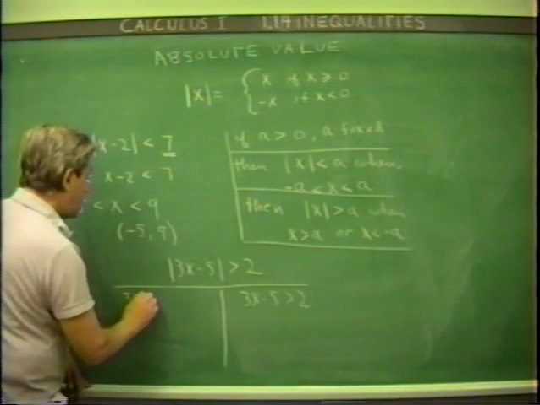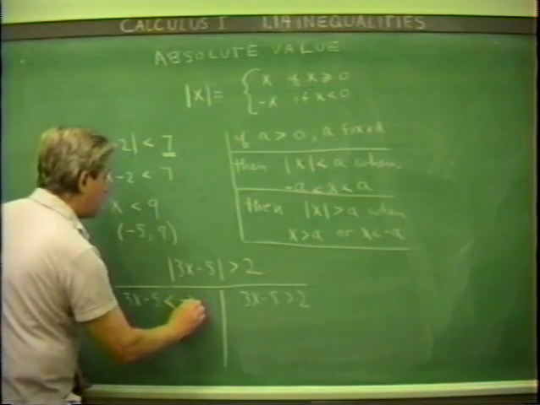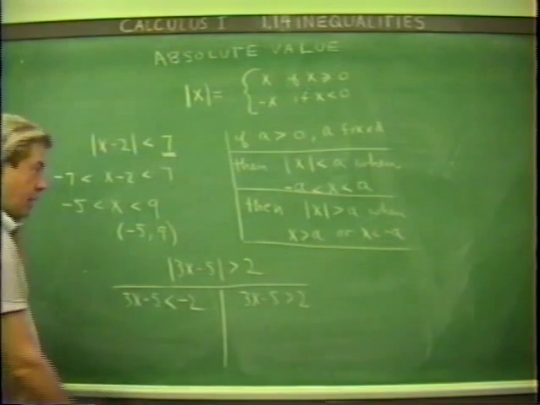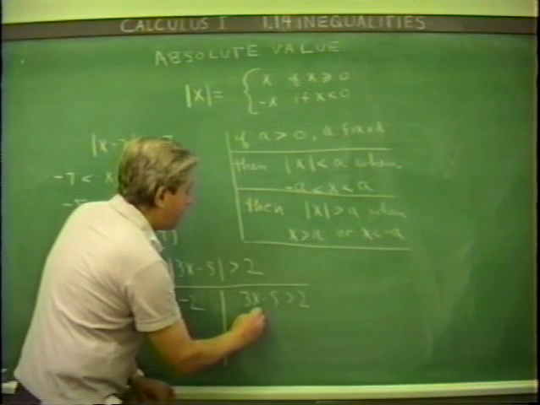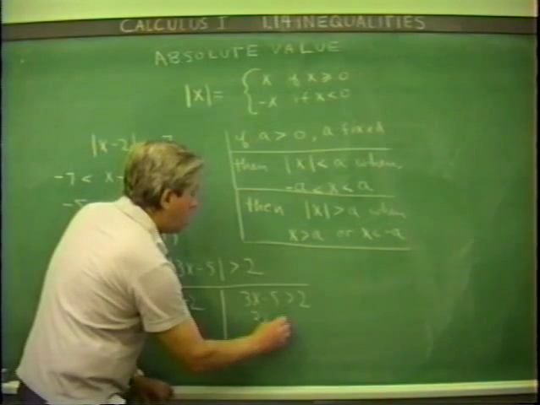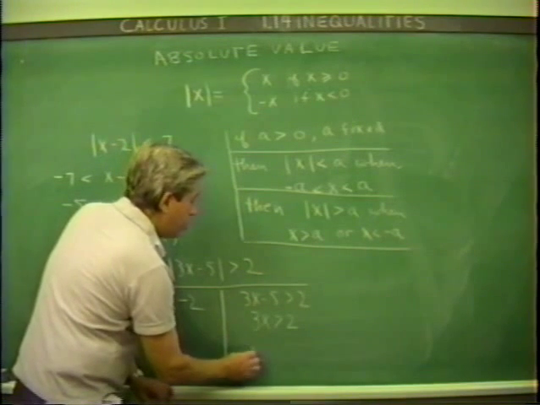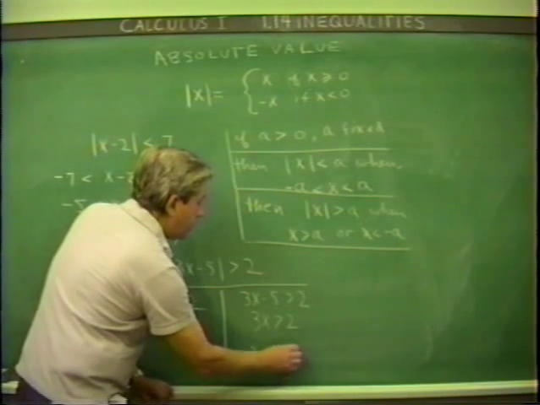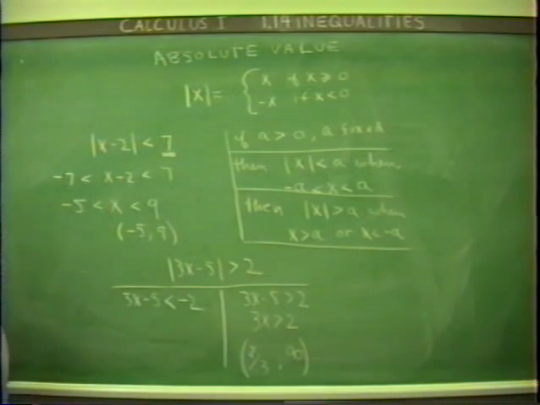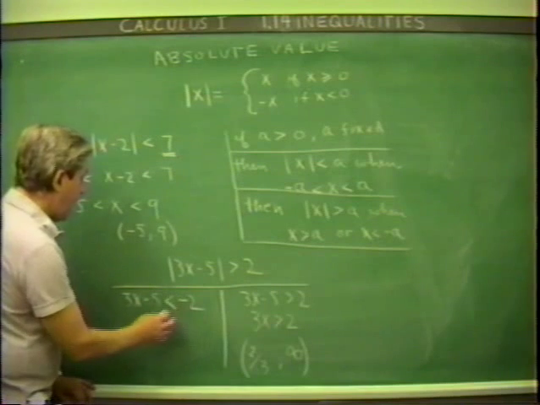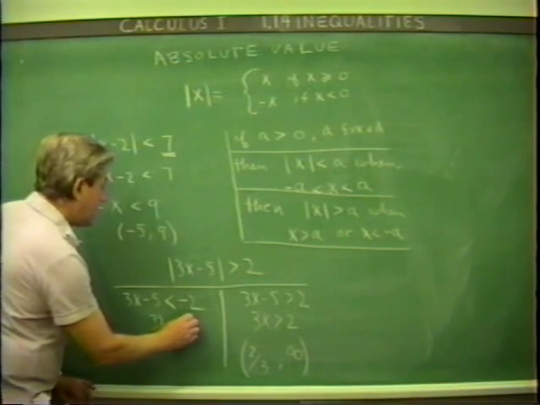One is when 3x minus 5 is larger than 2, and the other one is when 3x minus 5 is less than minus 2. Okay? This case holds, adding 5, when 3x is larger than 7, or when x is larger than 7/3, or from 7/3 to infinity. That's part of the solution set.